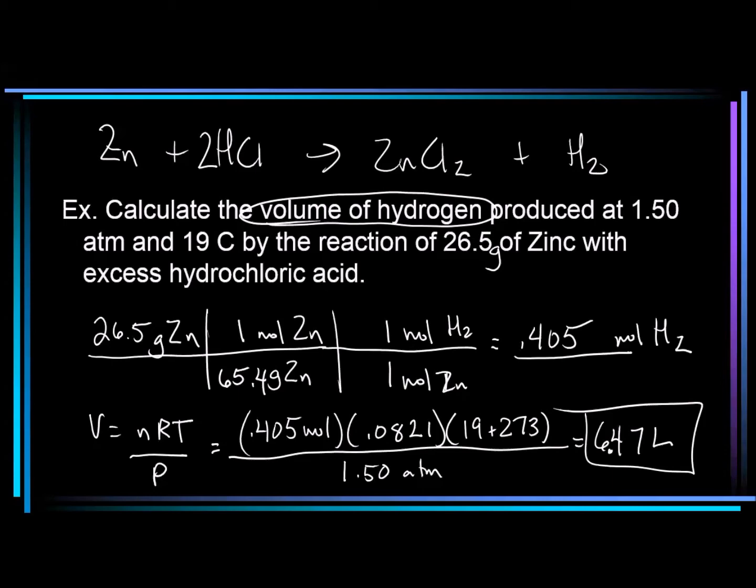No. I did it right. I put it in my calculator. All right. Any questions? Now remember that in your homework, there will be times in which I ask you to go in reverse. So the first thing you'll have to do is use PV equals nRT to find moles. And then go moles to moles, moles to grams. So it's this only in reverse order.